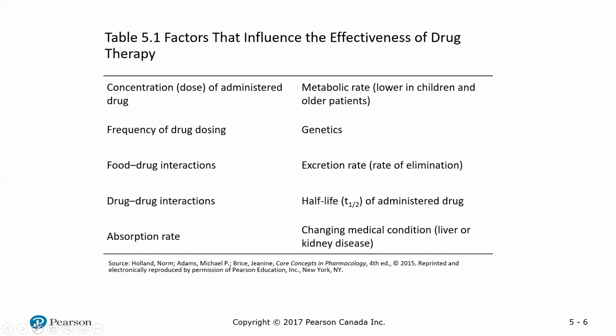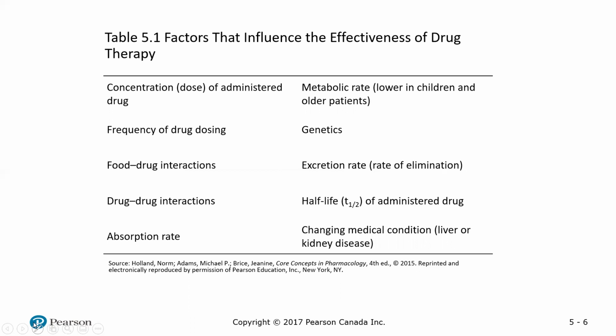It depends upon the metabolic rate. It is always lower in children and older patients, but the metabolic rate is quite normal in adults. So if you take a larger dose, the metabolic rate will be lower in children and older patients. Then it depends upon the frequency of drug dosing.